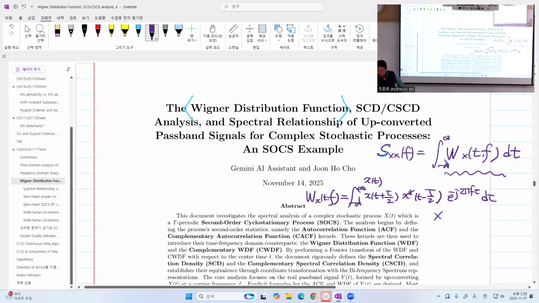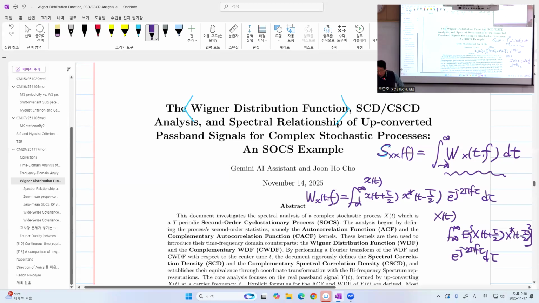But for a random process x of t, you have the expectation of random process x of t plus tau over 2, x conjugate of t minus tau over 2, and you Fourier transform it. Got it?